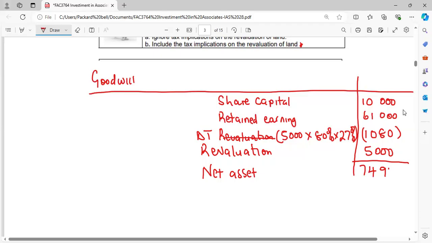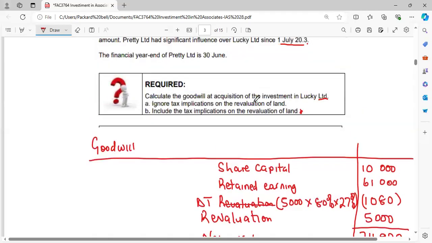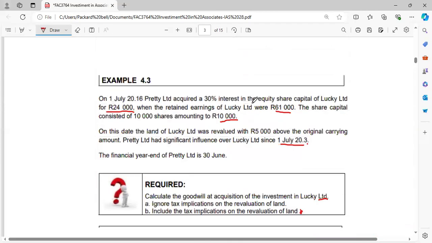74,920. Right, when we have our net assets here, you see we're taking the full figures. Remember we want to calculate goodwill without using the analysis. So when you have your net assets, you go and look at the interest. What is the interest in this associate?